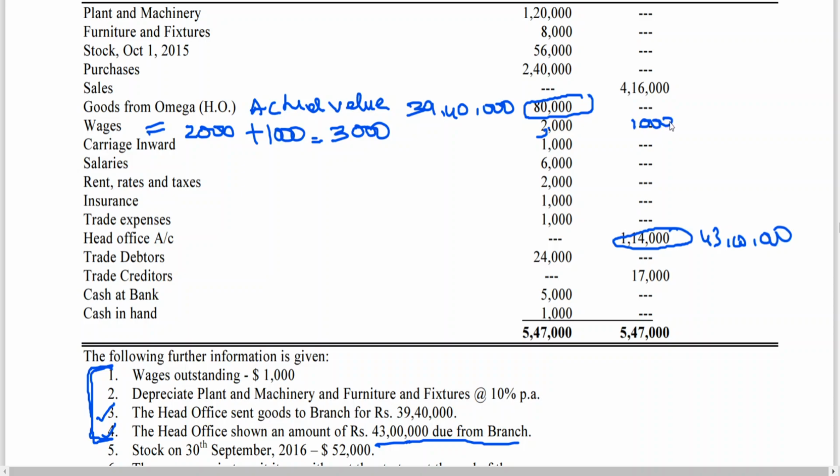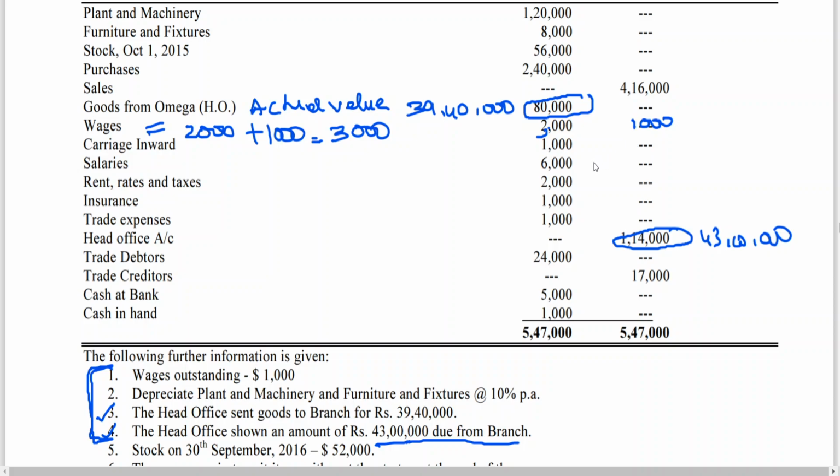You know the entry for outstanding wages: wages account debit to outstanding wages. Wages already showing 2000, I'm adding 1000 to wages, and outstanding wages will appear on the credit side. That means you are learning that the adjustments can also be redrafted into the trial balance. Then you can go for final accounts. Then you can take wages directly to the trading account without adding anything. Outstanding wages will be directly taken to the balance sheet as a liability.